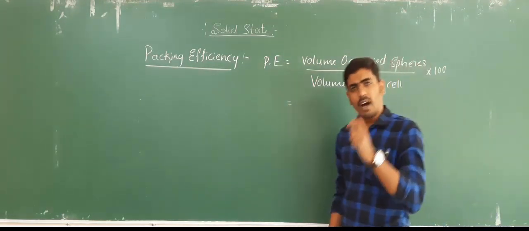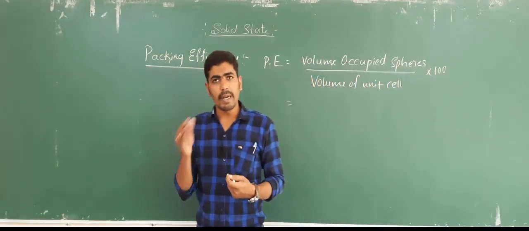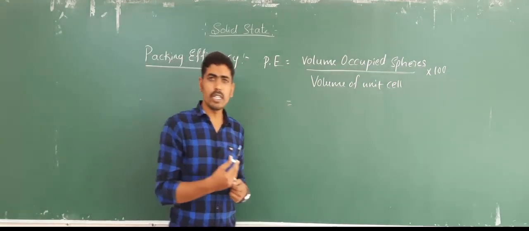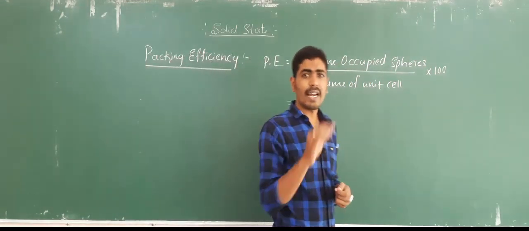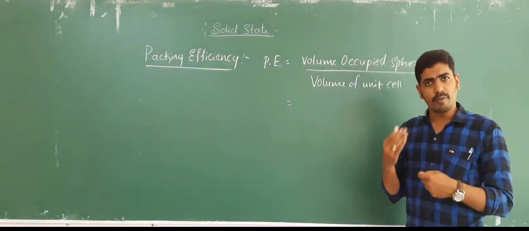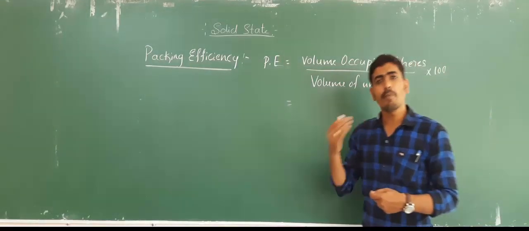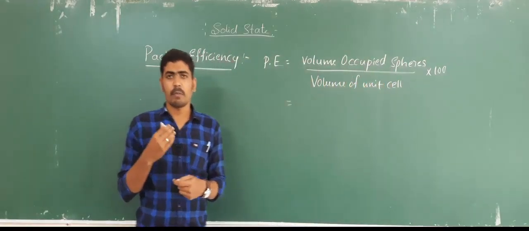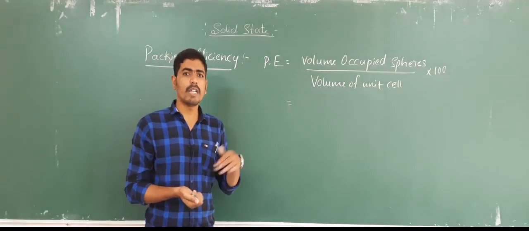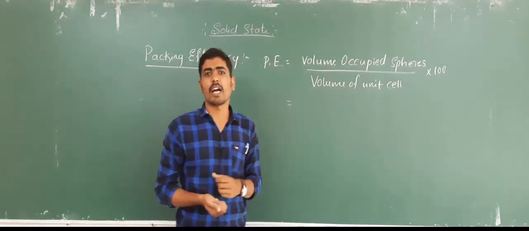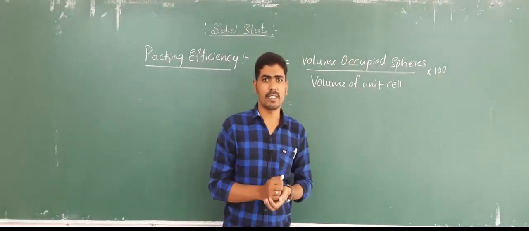After that we will multiply that number of particles by the volume of that particle. So what is the volume of that particle and how many particles are present in the unit cell? By using that we can find how much volume is occupied by those particles.